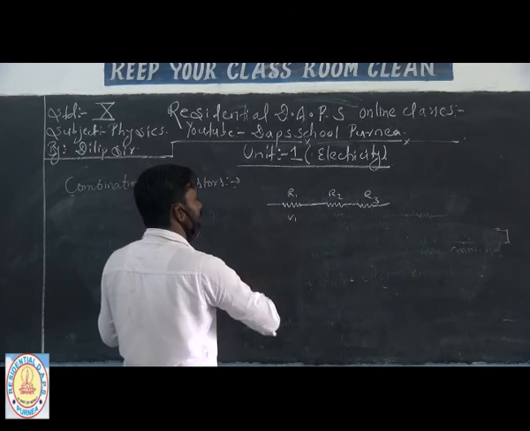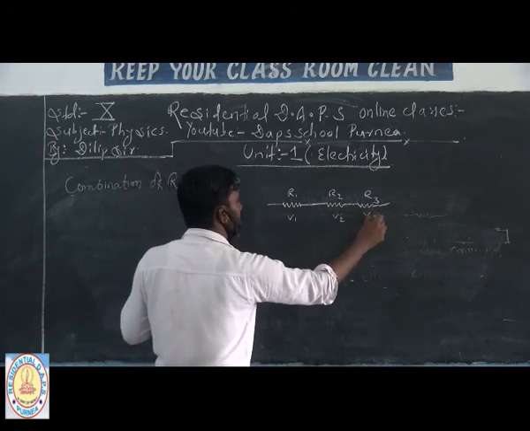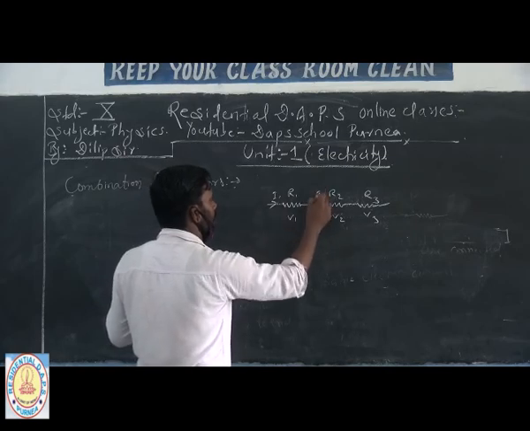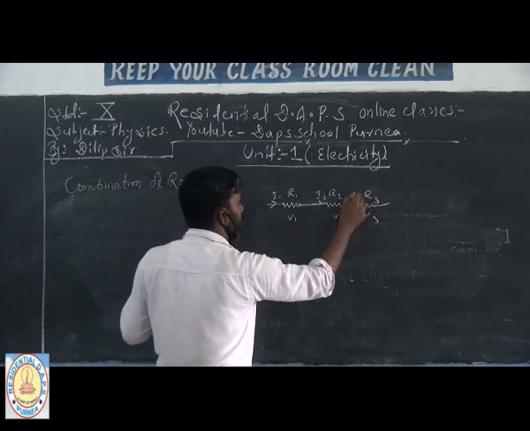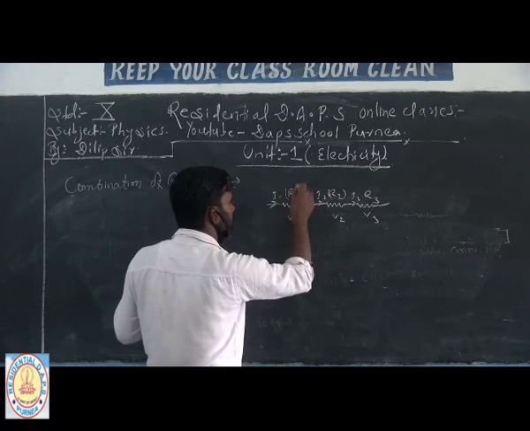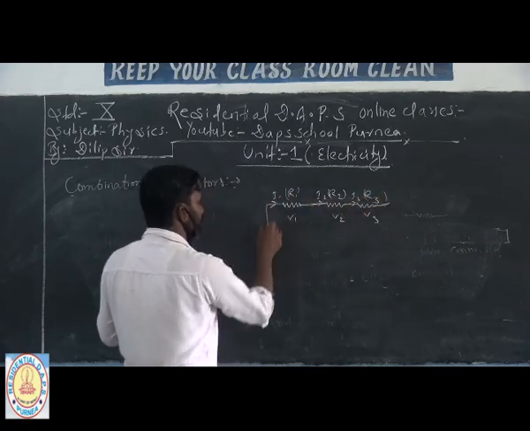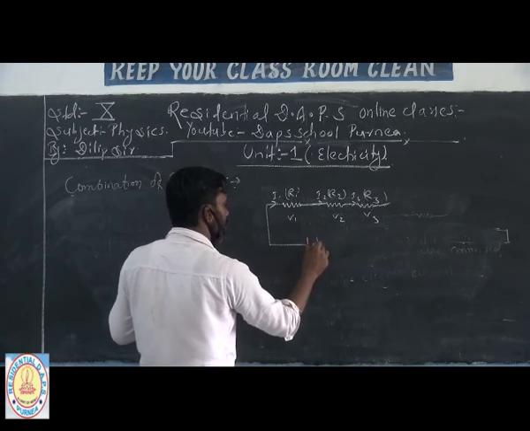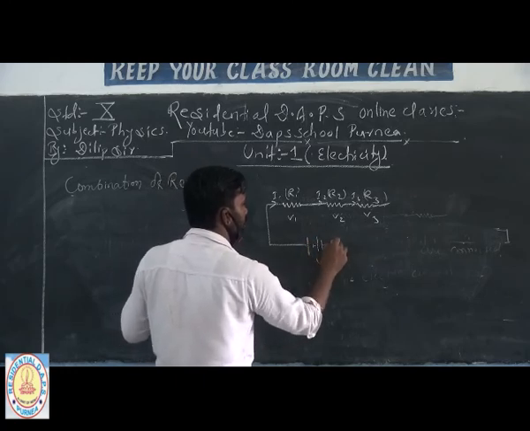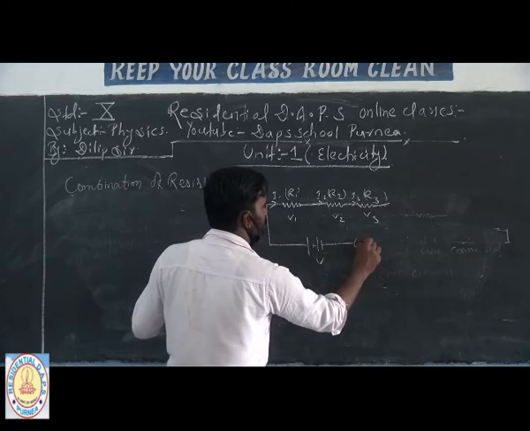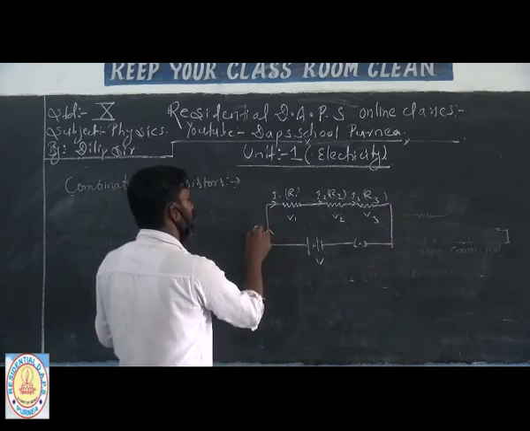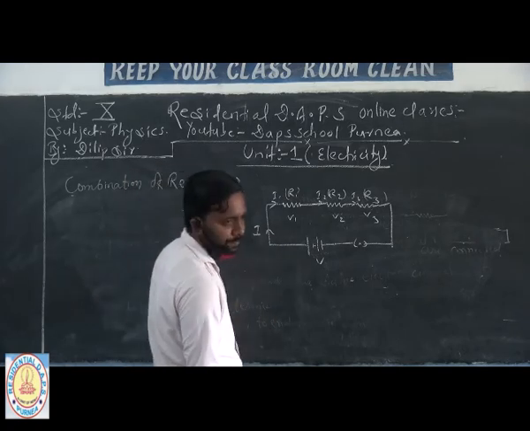The potential differences are V1, V2 and V3. The current passing through R1 is I1, through R2 is I2 and through R3 is I3, whereas the total potential difference of the circuit is V, this is the switch, and the electric current passing through the whole circuit is I.